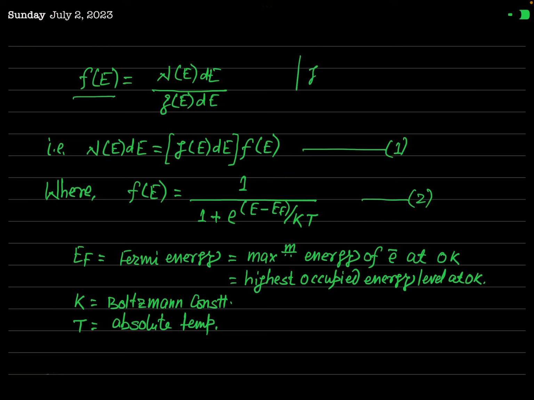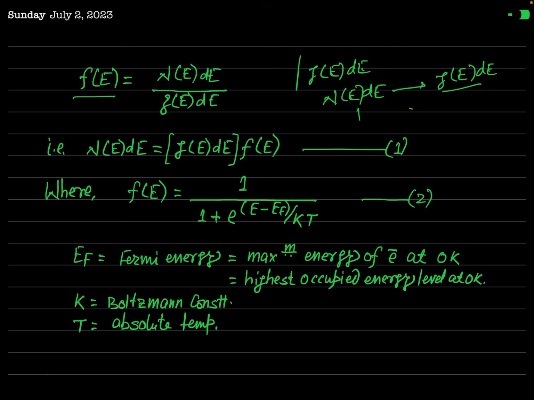If you consider that G of E dE is the number of quantum states in the energy range between E and E plus dE, and N of E dE represents the number of fermions present in that energy range, then N of E dE fermions are present in the quantum states G of E dE.